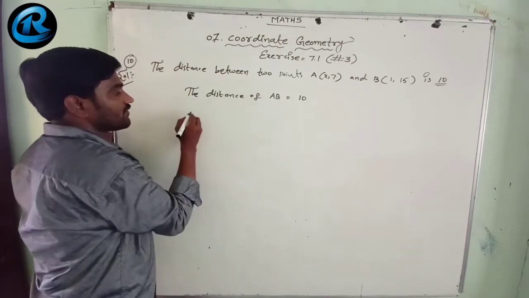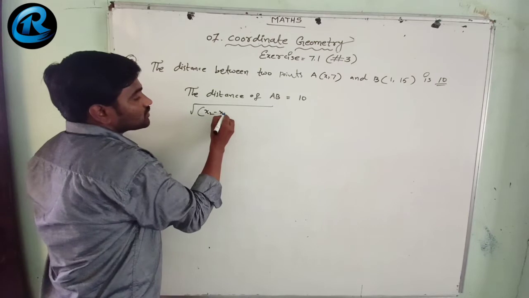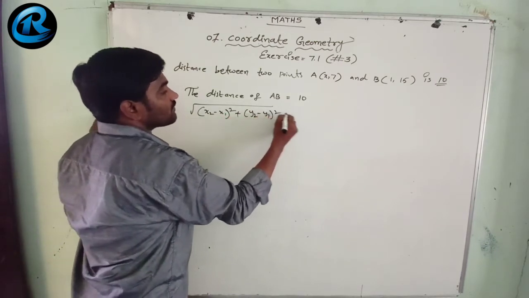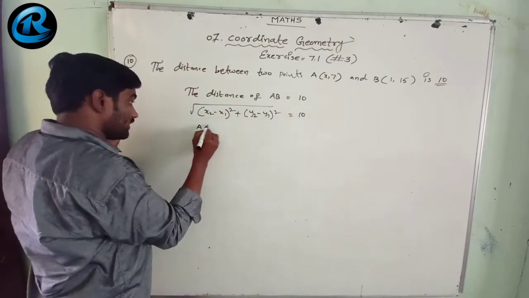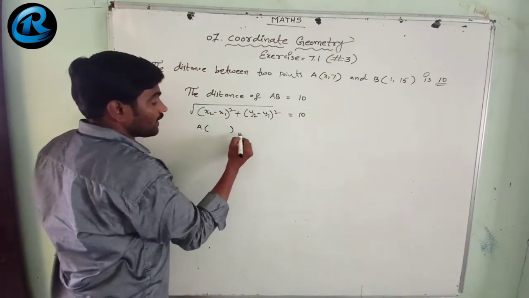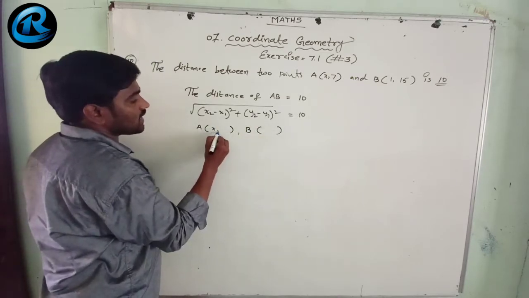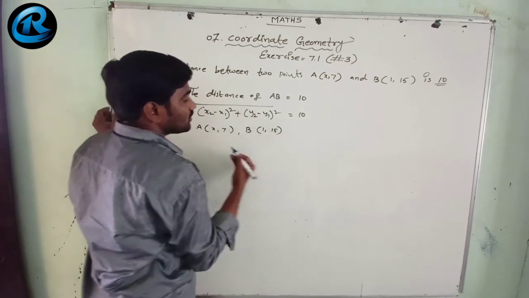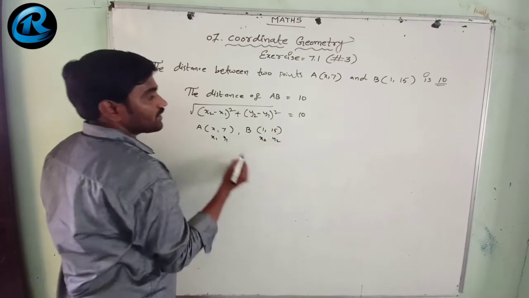The distance of AB formula is under root of x2 minus x1 whole square plus y2 minus y1 whole square, that equals 10. Here let us write point A here and point B here. Point A is x comma 7, point B is 1 comma 15. So here it is x1 y1, x2 y2. Let us substitute.